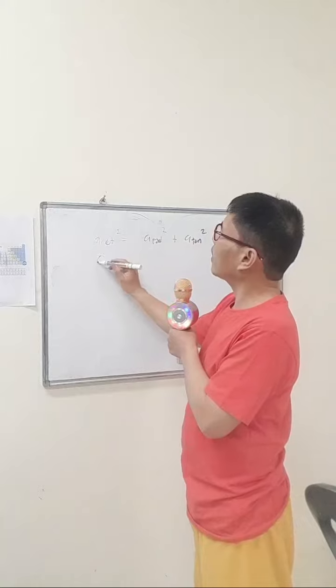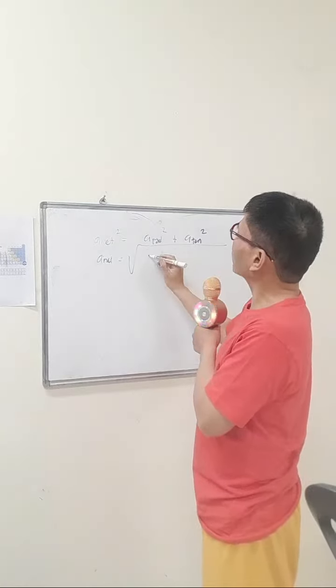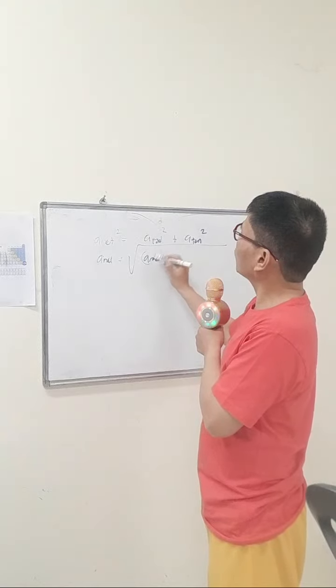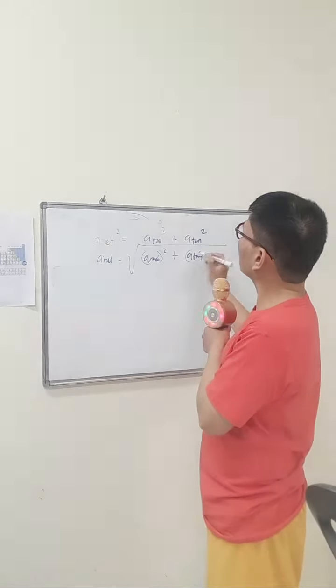So it will end up as your net acceleration is equal to the square root of acceleration radial raised to the power 2 plus acceleration tangential raised to the power 2.